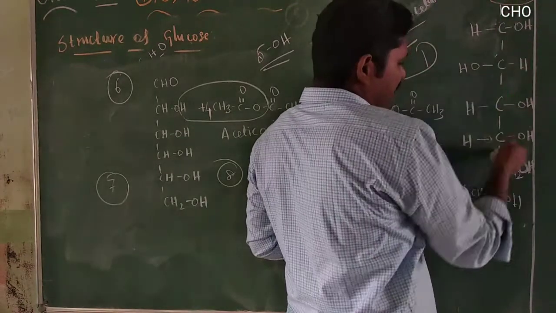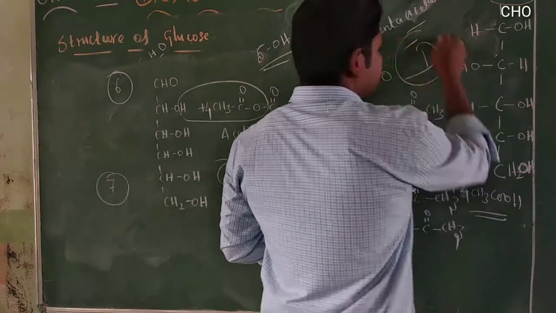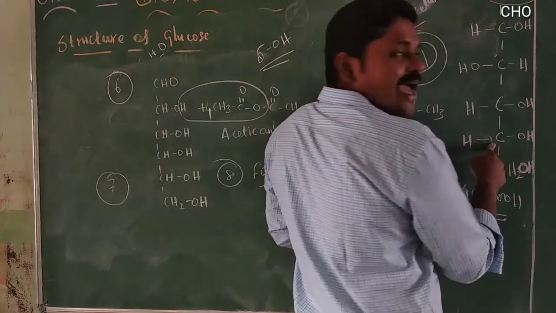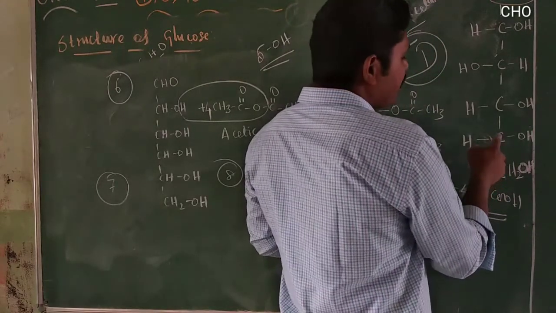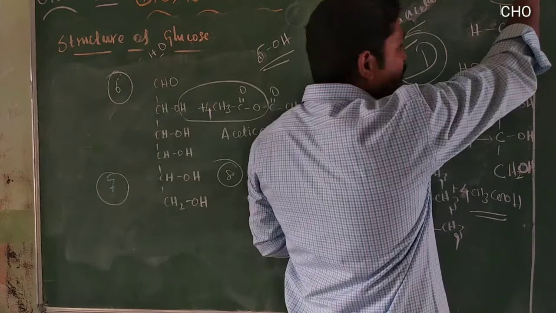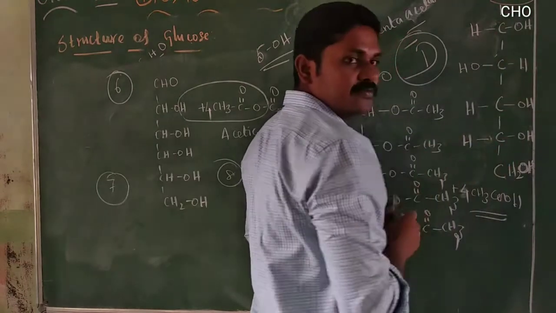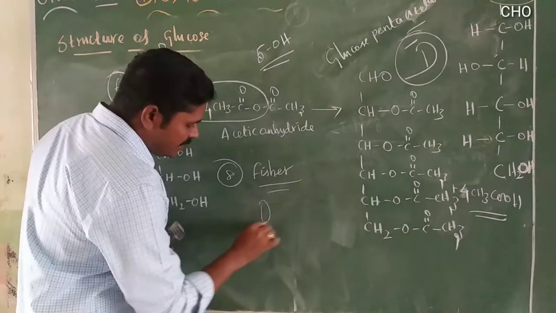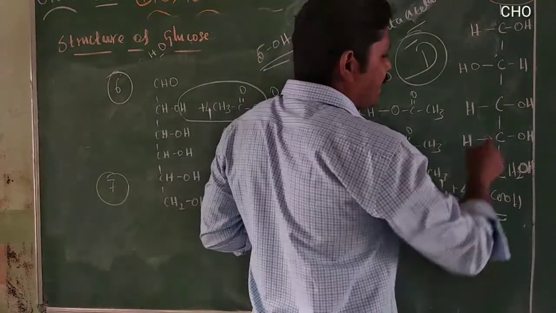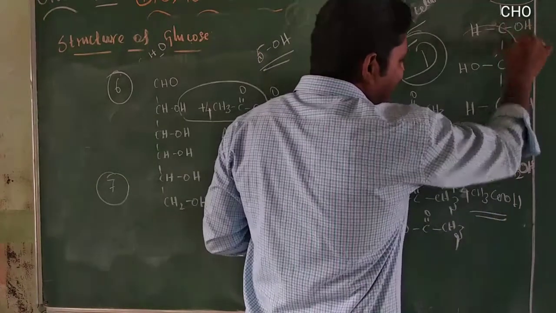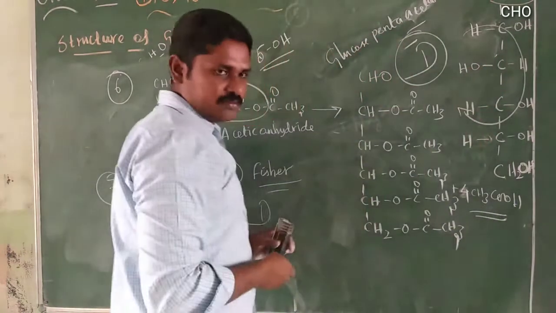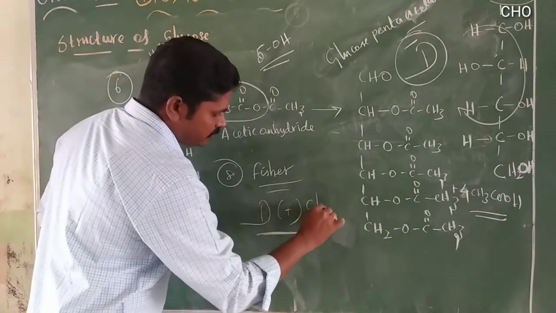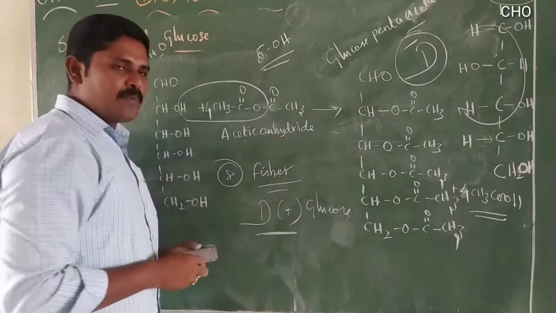So glucose is D. Glucose rotates the plane polarized light in the right-hand, clockwise direction. So glucose is D-plus glucose.